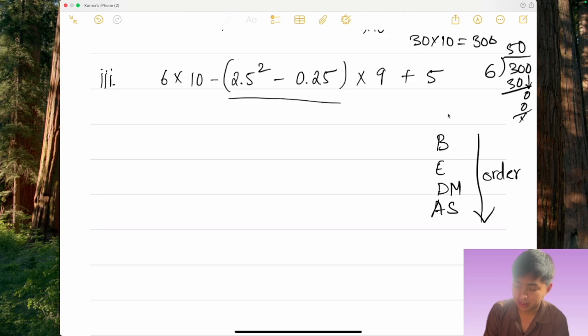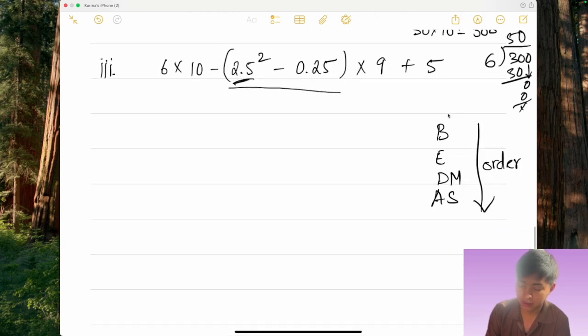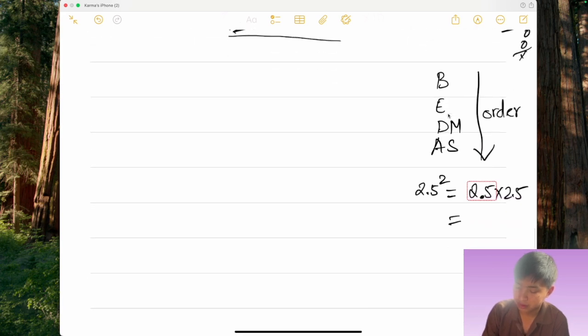Is there any exponent inside the bracket? And we find that there is one exponent, 2.5 square. So we solve for that. 2.5 square is nothing but 2.5 times 2.5, which is equal to 25 times 25. We do it on the side here. 25 times 25: 5 5s are 25, 5 2s are 10, 125, 5 2s are 10, 50.